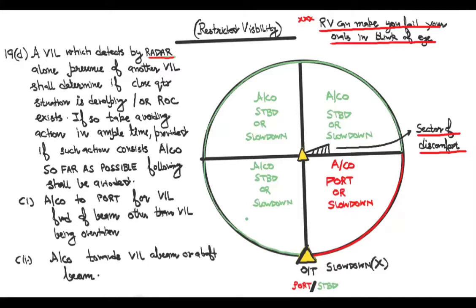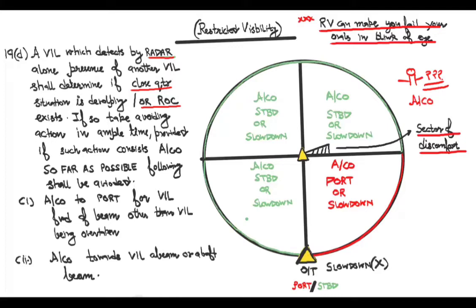And if there is a presence of any vessel and it is ending up in a close quarter situation, or risk of collision, and you are taking action as an officer of the watch, you are thinking what to do, and if you are thinking of alteration of course, then the following should be avoided.